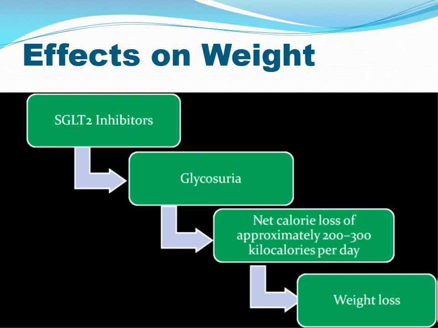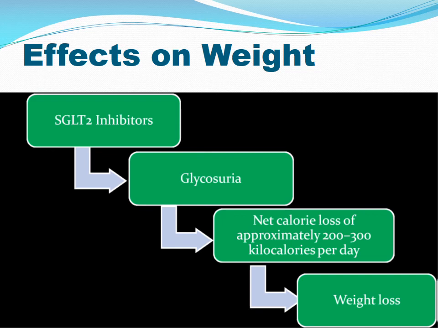Effect on weight. SGLT2 inhibitors cause glucosuria, that is, they increase the excretion of glucose and prevent its reabsorption, leading to a net calorie loss of approximately 200 to 300 kilocalories per day, and this will result in weight loss.